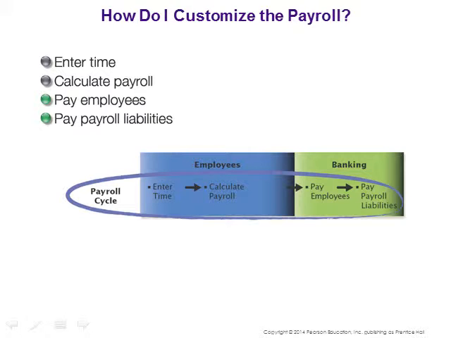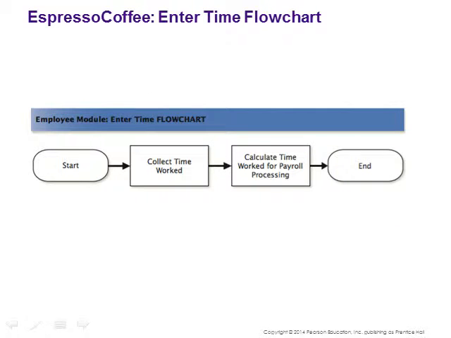So if we're looking at then how we customize payroll, there are 4 processes in the payroll cycle that are customized. We enter time, calculate payroll, pay employees, and then pay payroll liabilities. Again, our flow chart with 2 activities. We collect the time worked and we calculate the time worked for payroll processing.